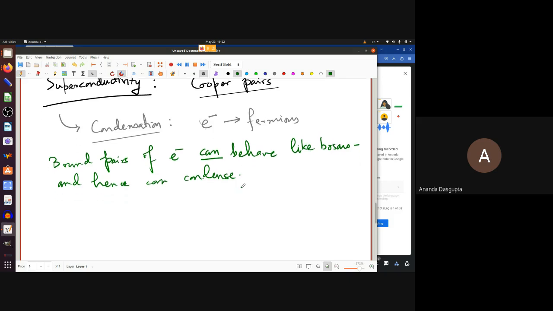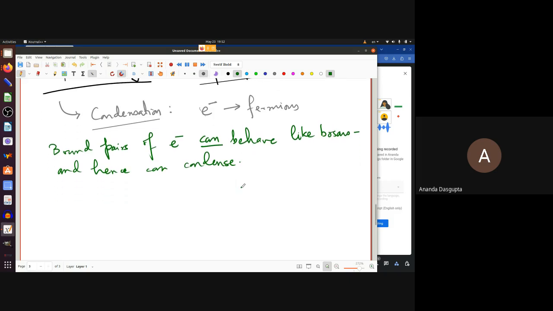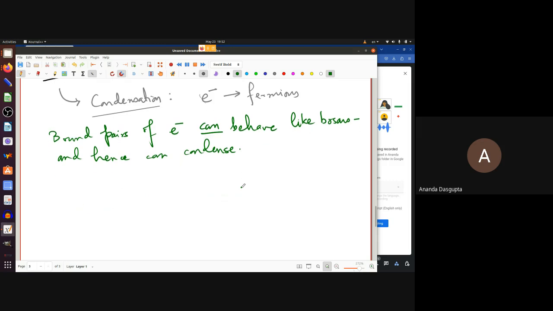But the problem is, first of all, bound pairs of electrons can behave like bosons. But why should electrons form bound pairs at all? What is the problem here? Why can't electrons form bound pairs?